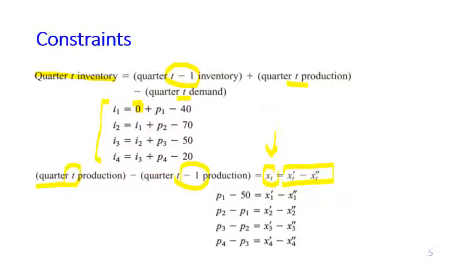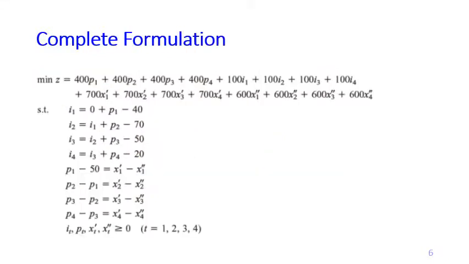So for each period, you write down the equation that shows the difference between the production in period t and the production in period t minus 1. And then this value 50 here, because in the problem they say that the production level on quarter 0 is 50. So this is the complete formulation for the problem.